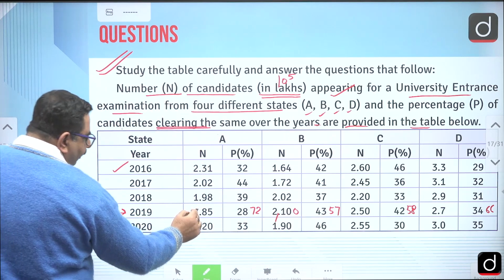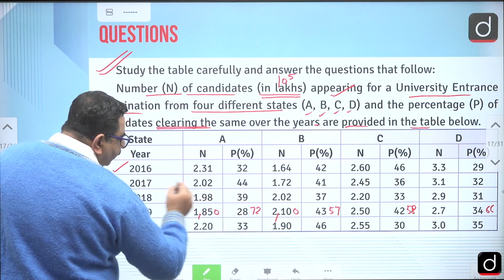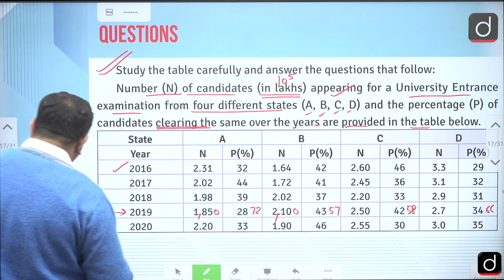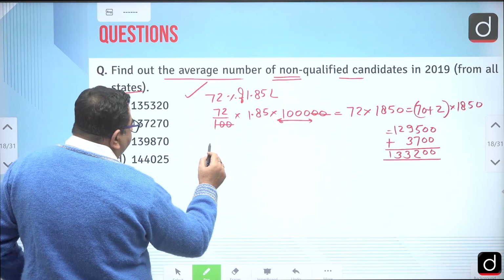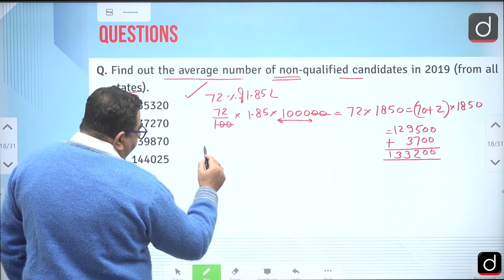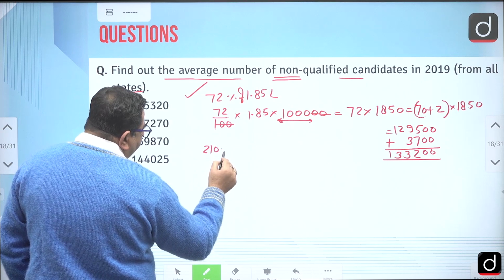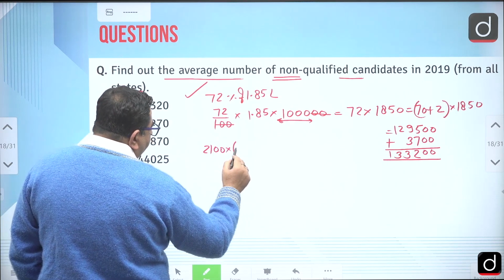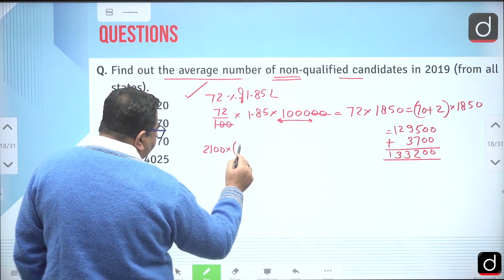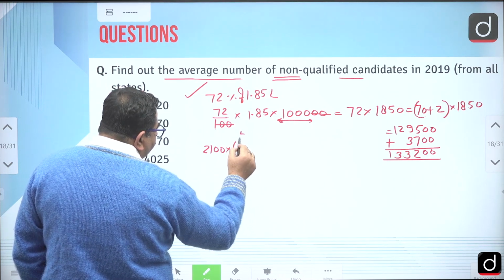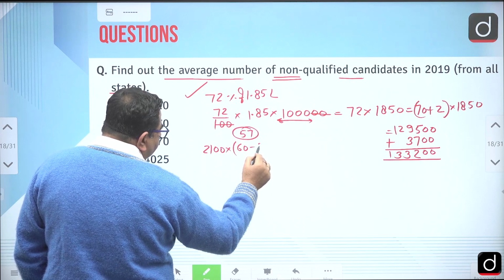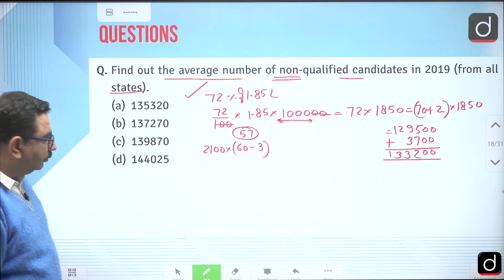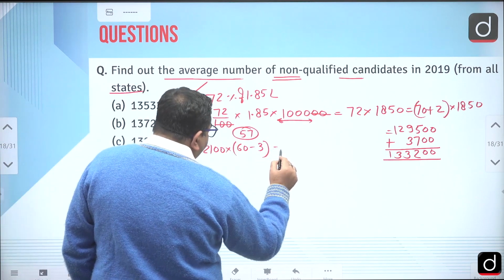Likewise, here we did 1850 into 72, and here we can do 2100 into 57. For 57, can I write 60 minus 3 also? That we can do, and now it's easy for us to calculate.